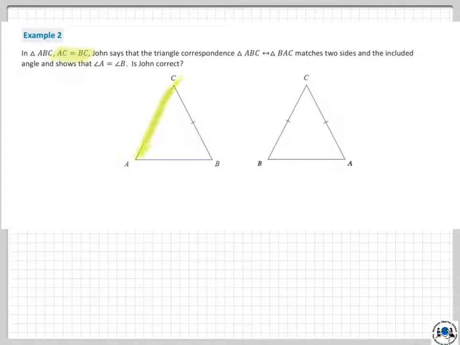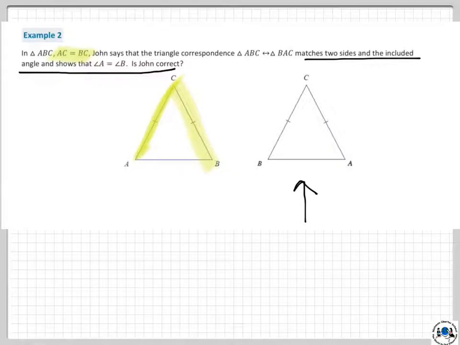John says that the triangle correspondence of triangle ABC and triangle BAC, which is over here, matches two sides and the included angle and shows that angle A equals angle B. This is what John is saying. Is John correct? Go ahead and take a look at it.